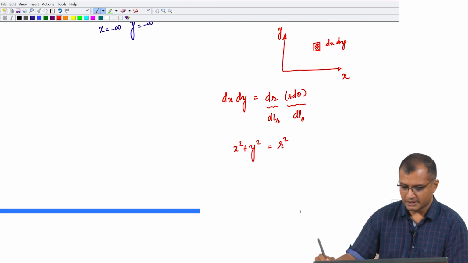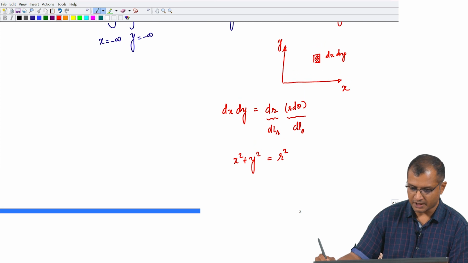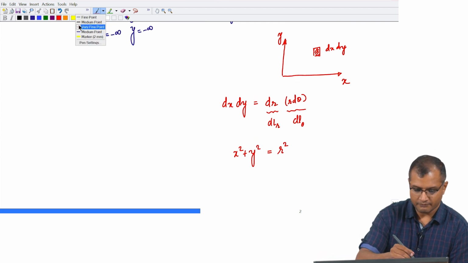And similarly, the limits on the integration will now become different.